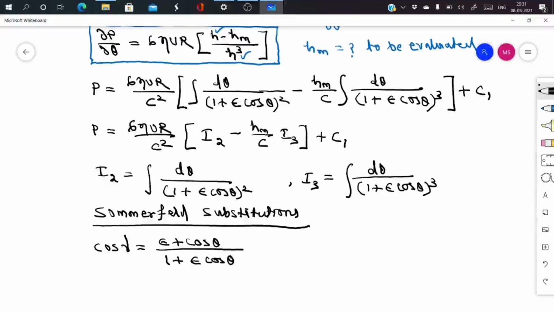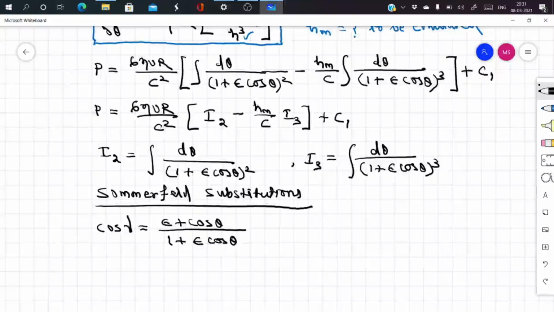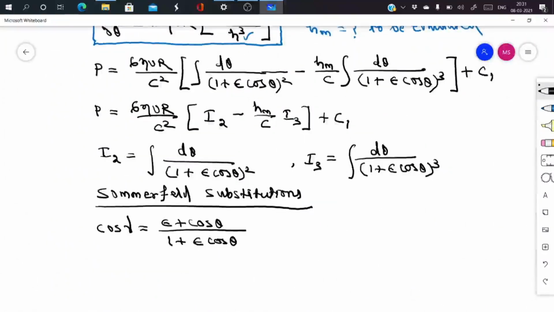Now if you use this substitution to convert theta, then you will get sin theta equal to (1 minus epsilon square) to the power half, sine gamma divided by 1 minus epsilon cos gamma.